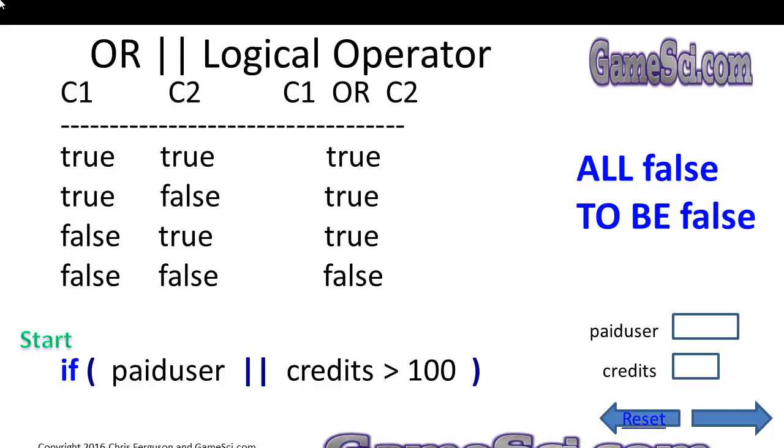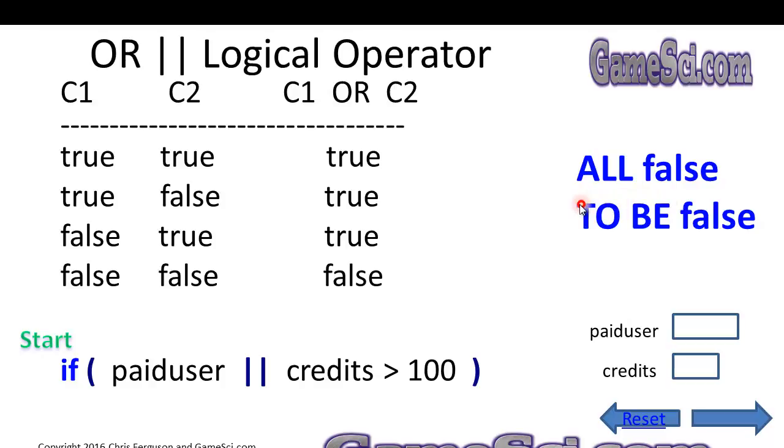Again, here's what we call a truth table. Condition 1 is the first true-false value, or the left-hand side. Condition 2 is the second one, or the right-hand side of the OR logical operator. If you OR those two together, what is the result? The way I like to think of OR is all false to be false.